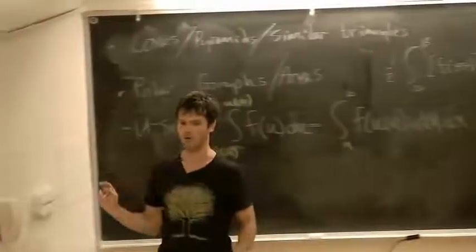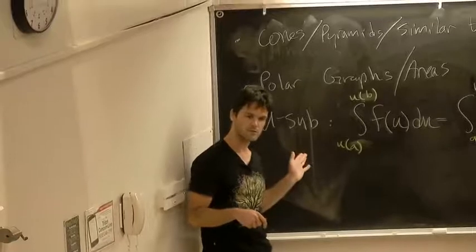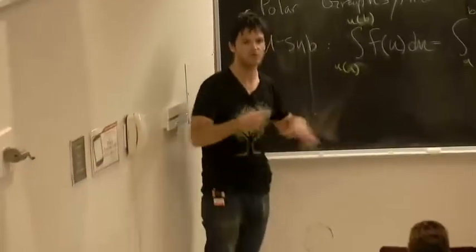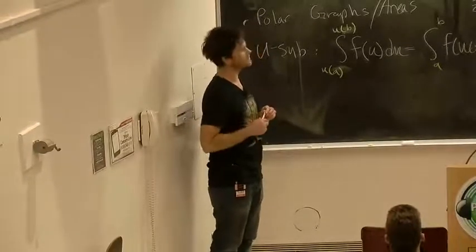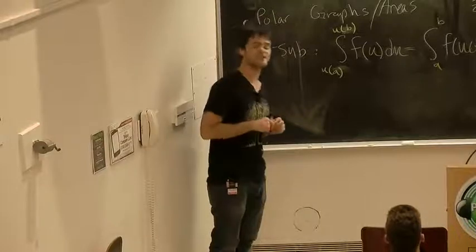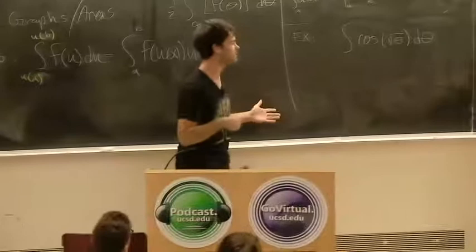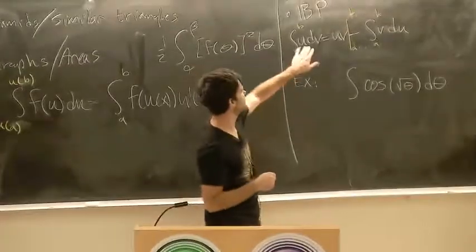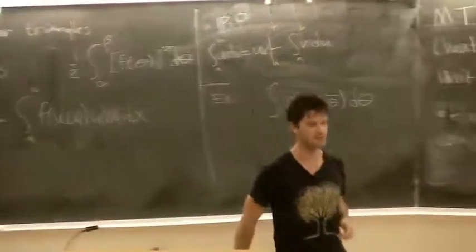U substitution is the more elementary method, so I would probably try this one first. Try some substitutions to see if you can transform your integral into something that you do know how to integrate. If that still doesn't help, then try integrating by parts. Try setting something equal to u and dv and seeing if that gives you something you can integrate.